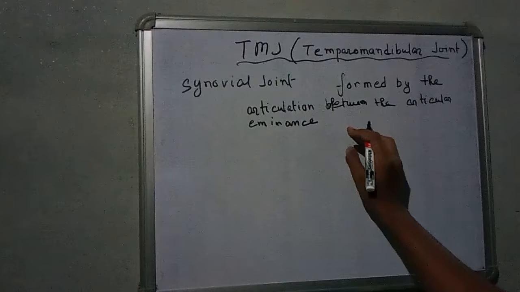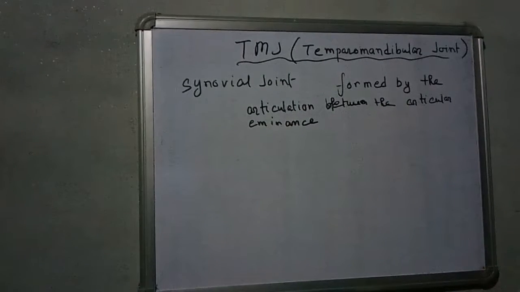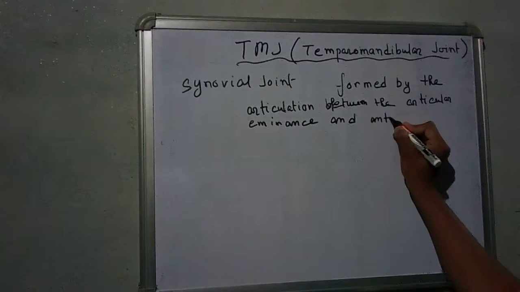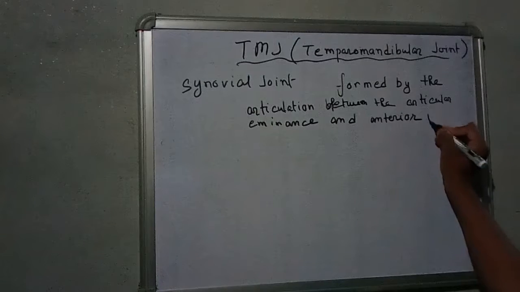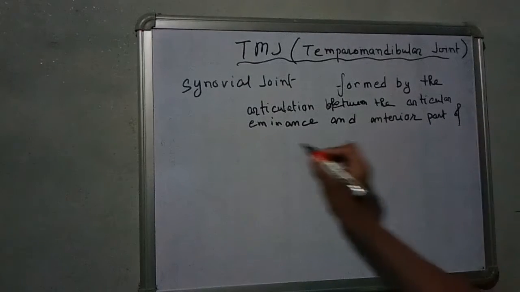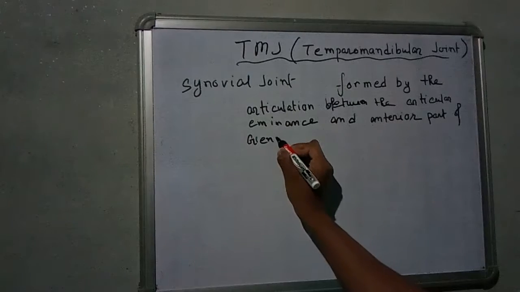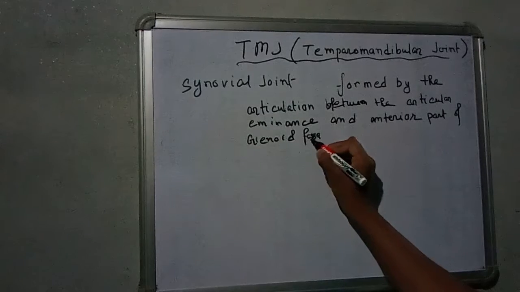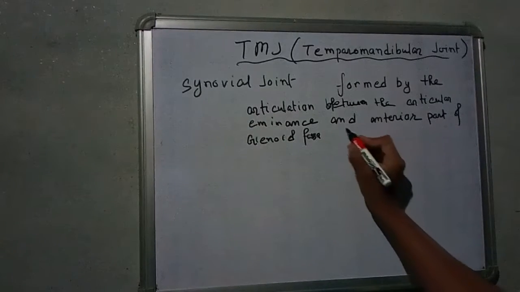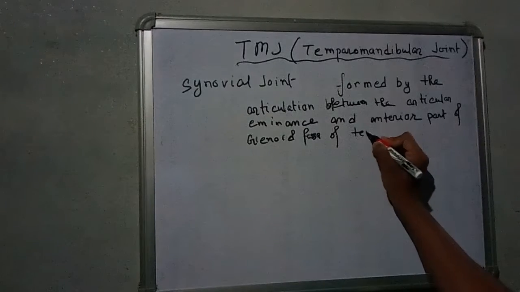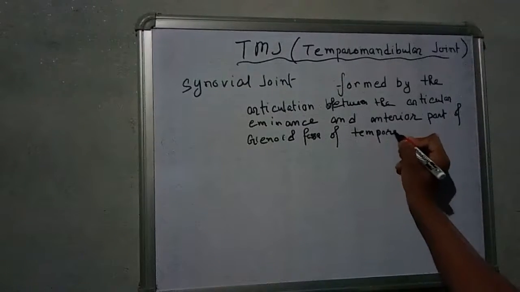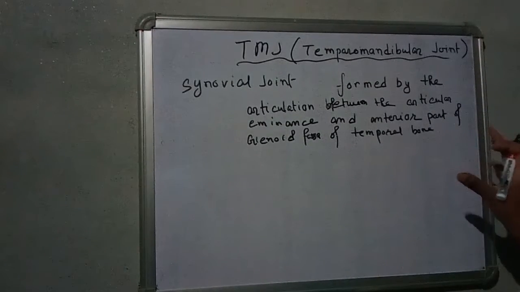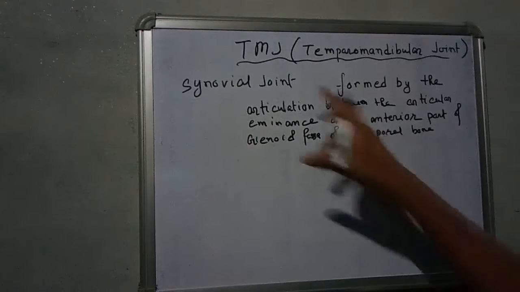Between the articular eminence and the anterior part of the glenoid fossa of the temporal bone above, and the condylar head of the mandible below, and it's a synovial joint.